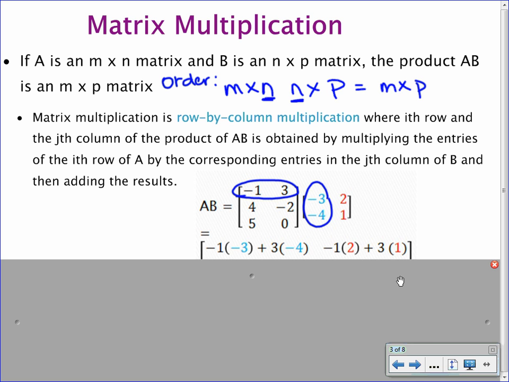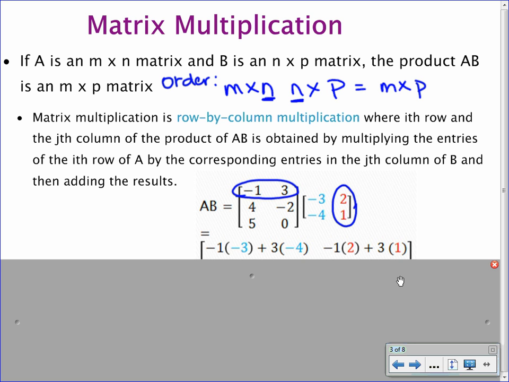Then I'm going to take the first row and multiply it to the second column, and that value goes in the first row, second column of my new matrix. So I take these two numbers, match them up here, and multiply: negative 1 times 2 plus 3 times 1.